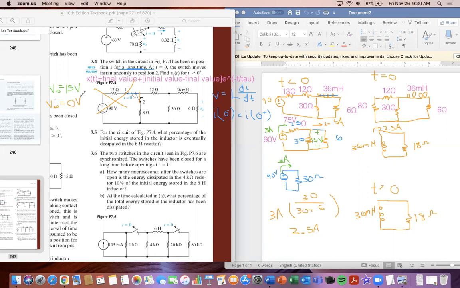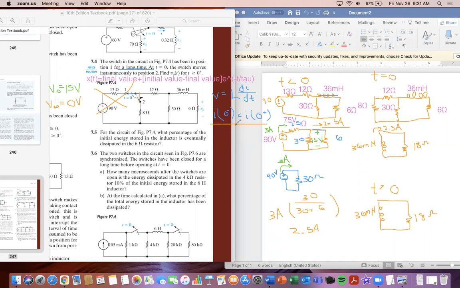And so we were able to successfully determine that at time 0, the value of the voltage was 15 volts. Since there was 2.5 amps going through here, times that by 6 ohms, that's going to give you your 15 volts originally, since we found the current before, because the current doesn't change from before and after.